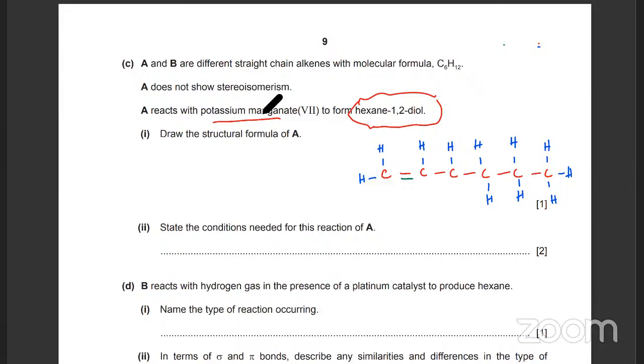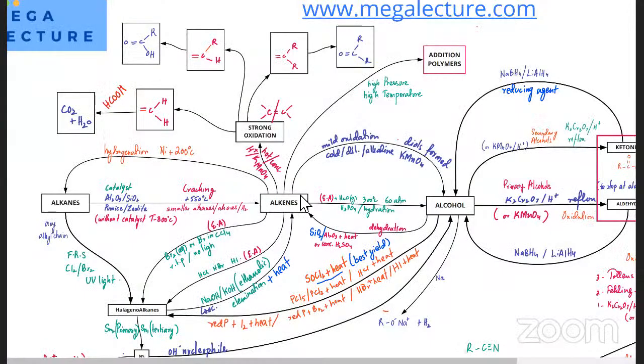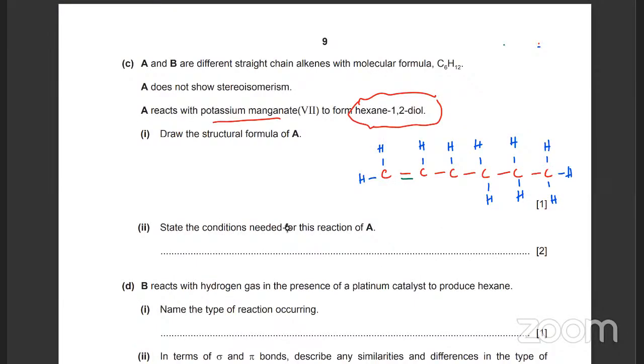No, but is it? Just remember that you've got two types of oxidations. You've got a mild oxidation, which is cold dilute acidified KMnO4, and you've got strong oxidation, which is hot concentrated acidified KMnO4. So in this case, it's going to be cold and dilute, and obviously acidified.